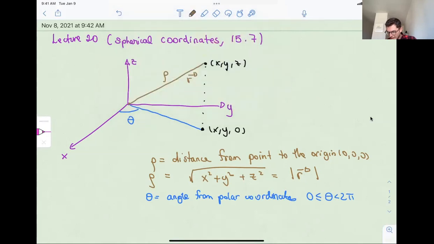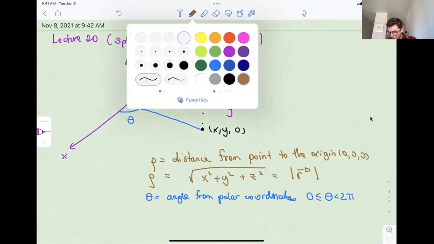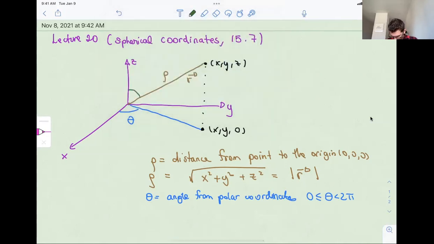And then there's a new angle, which is phi. You can think of theta as being determined as the angle between the x-axis and the shadow that the vector makes on the xy plane.